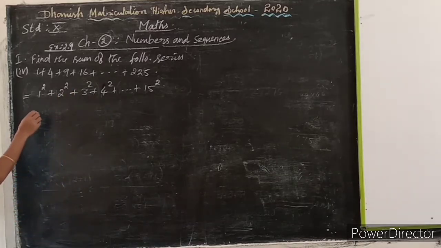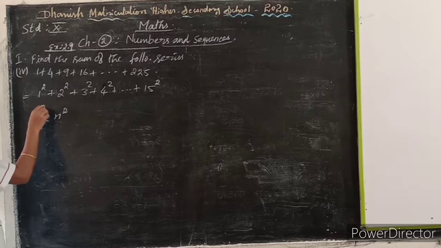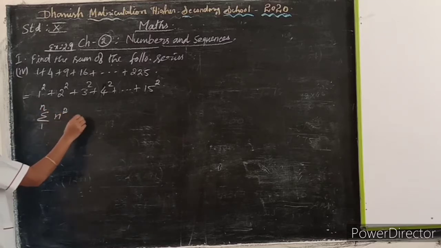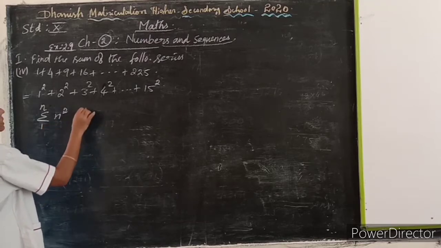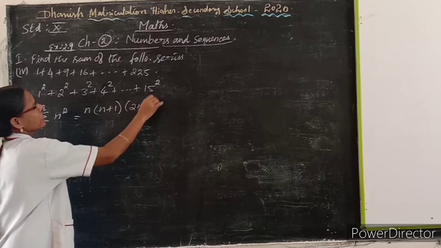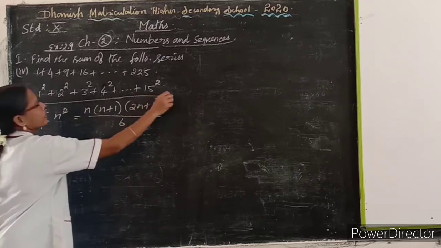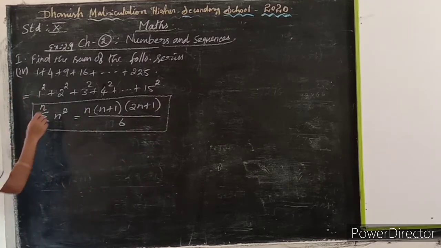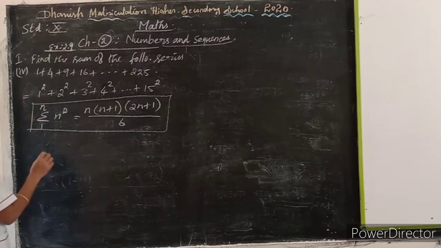We know the sum of squares of the first n natural numbers, sigma n square, is n into n plus 1 into 2n plus 1 by 6. In this question, n is 15.